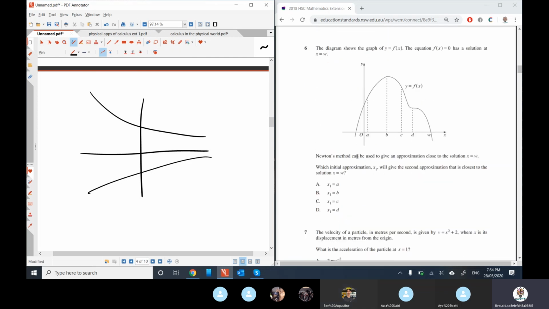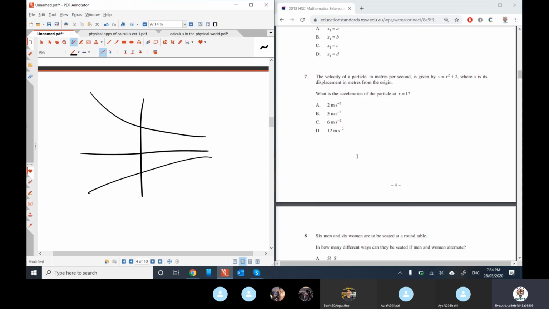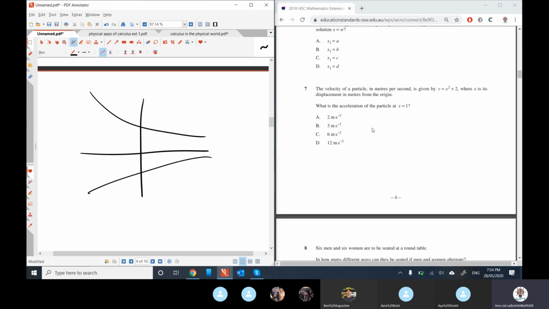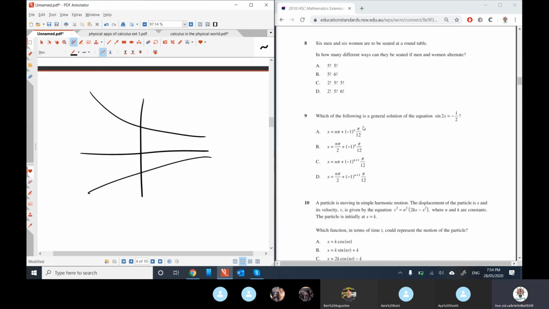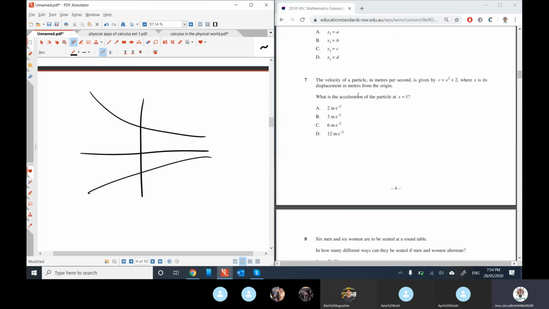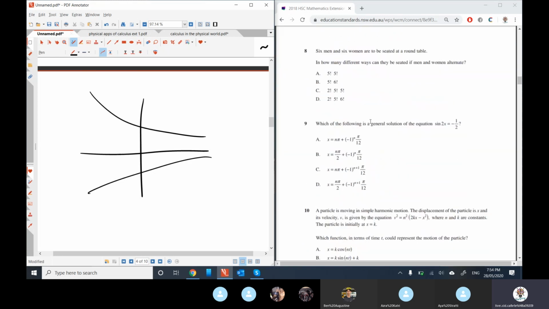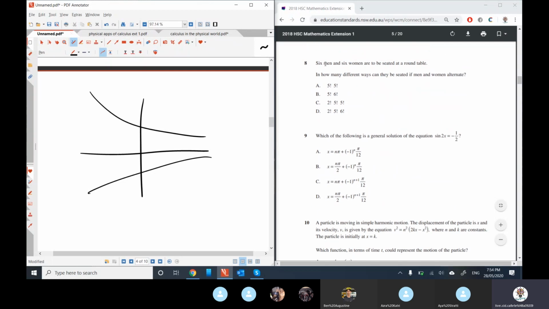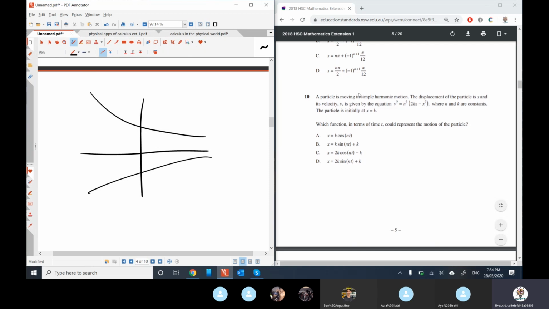Newton's method, out of the syllabus, but you haven't done it anyway. Acceleration, velocity, in the syllabus, more Extension 2 now, but you don't need to worry about it just yet. That's part of mechanics, by the way. Permutations and combinations: 6 men and women are seated around the table. That's an easy question.